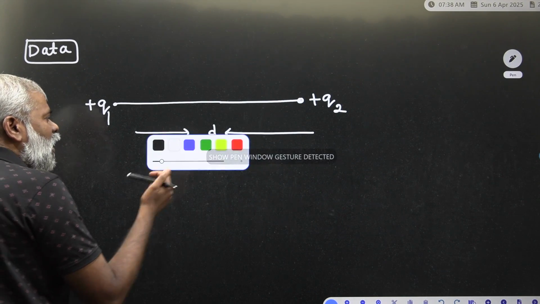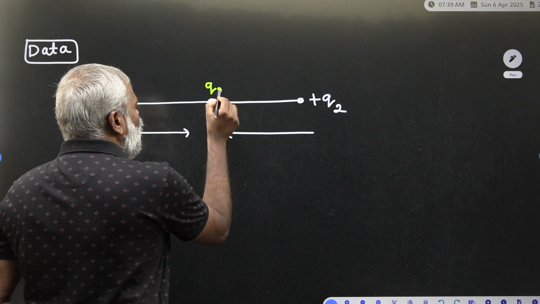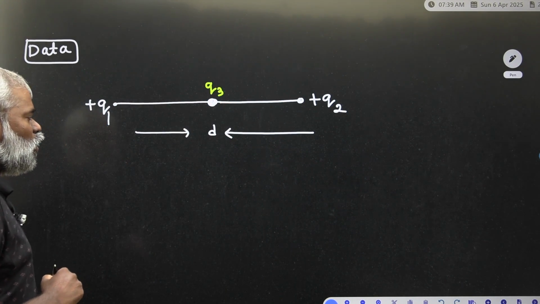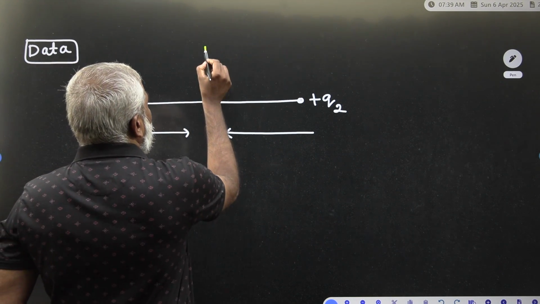Now the third point charge, Q3, we are keeping between them, but this Q3 must be in equilibrium.